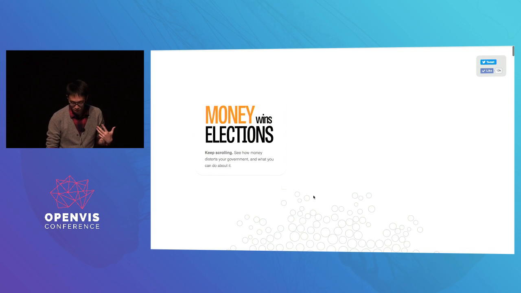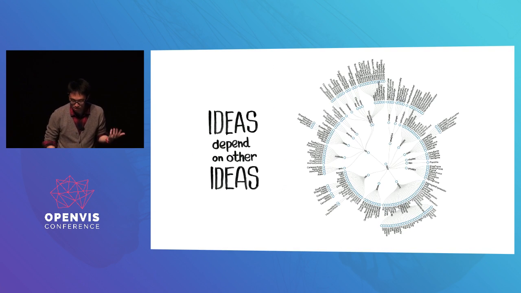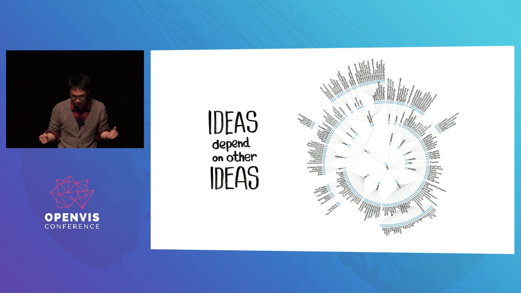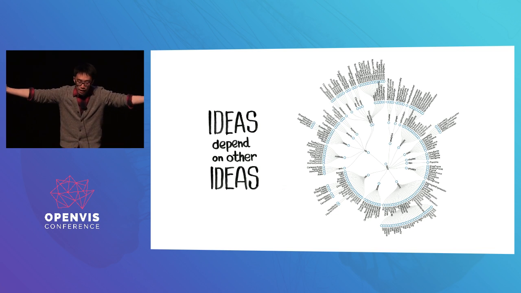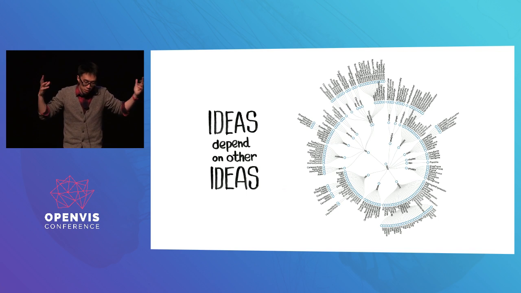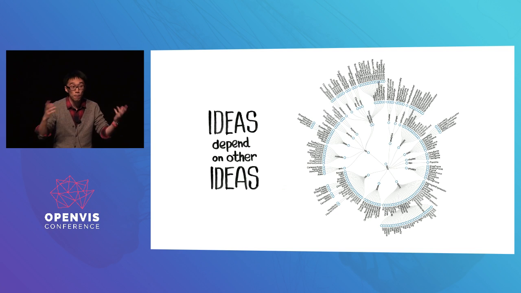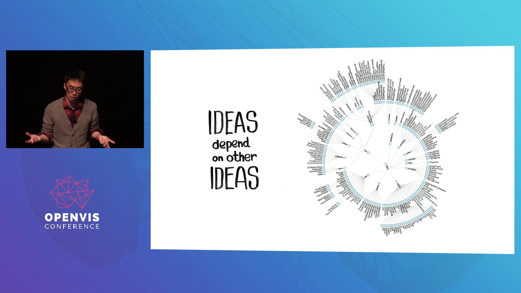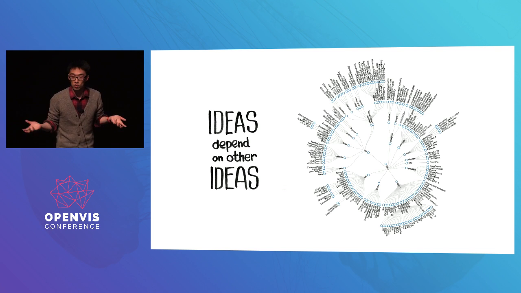The other principle for thinking about how to break down these ideas is recognizing that ideas depend on other ideas. So given a big idea in your head, how do you break it down? Well, ideas tend to not be entirely novel. They tend to be composed of other ideas, composed of existing ideas, kind of like how software is composed of other software. And so you're kind of dealing with a dependency tree almost.